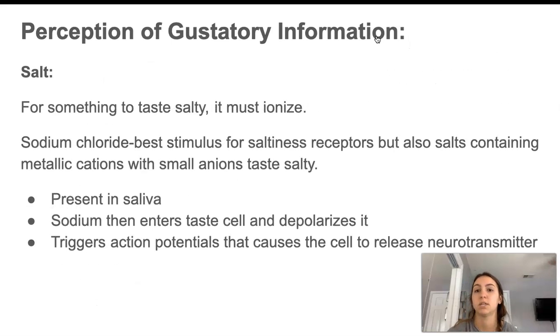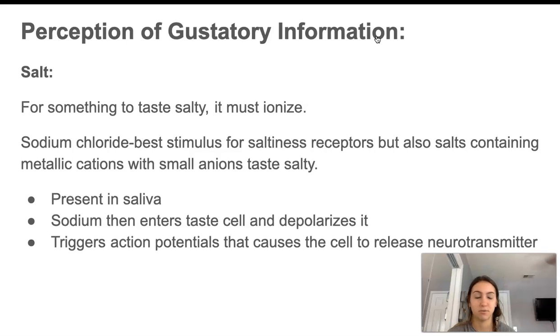Okay, so perception of gustatory information. I'm going to start with salt. For something to taste salty, it must ionize. Sodium chloride is the best stimulus for saltiness receptors, but also salts containing metallic cations with small anions taste salty.